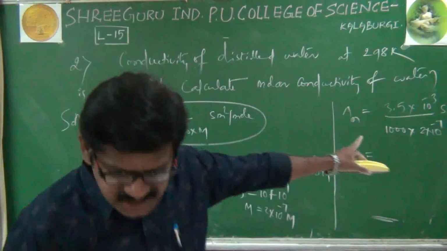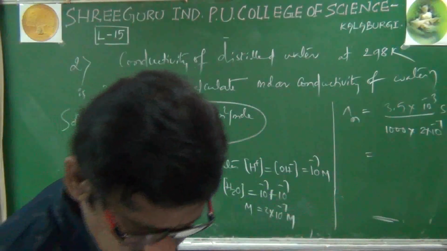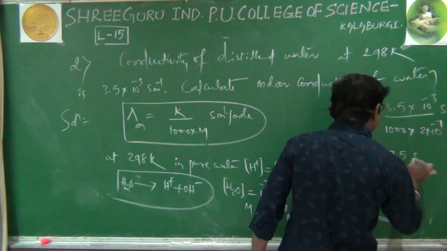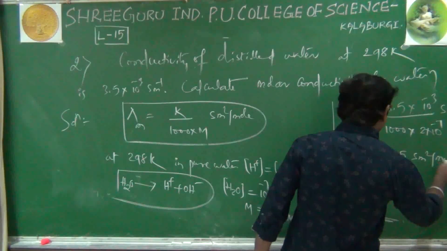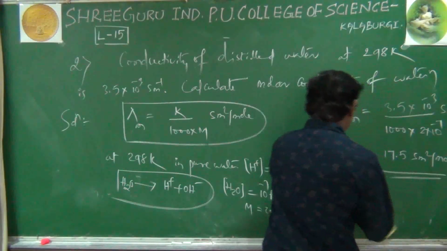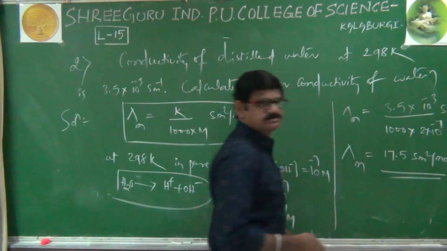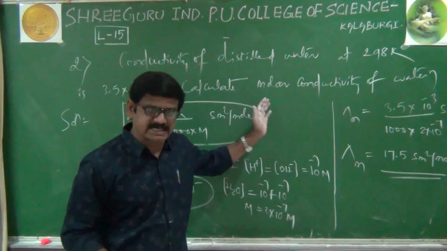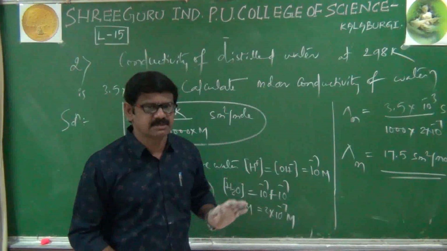Now after simplification we will get 17.5 Siemens meter square per mole as our final answer. That's it. Okay, this is about molar conductivity and its related problems.